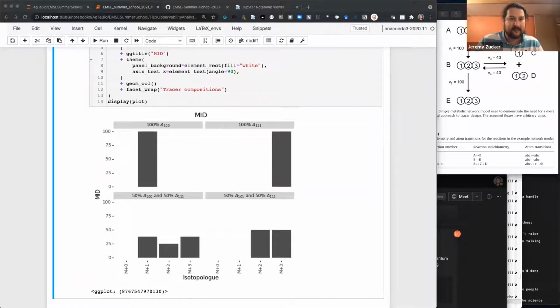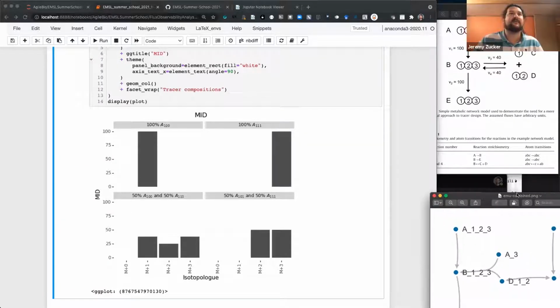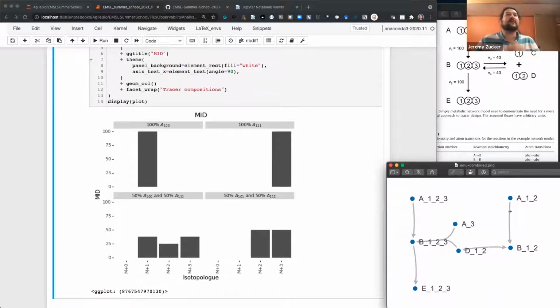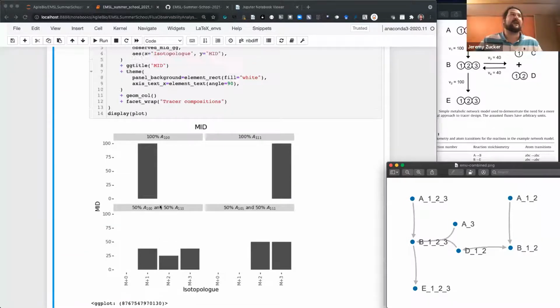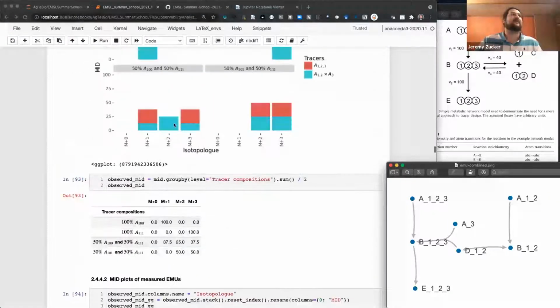Combined. There it is. All right, so here's the EMU combined. And it's only in this case that we know the A12 convolved with A3 was responsible for this M+2. And we know that from here.